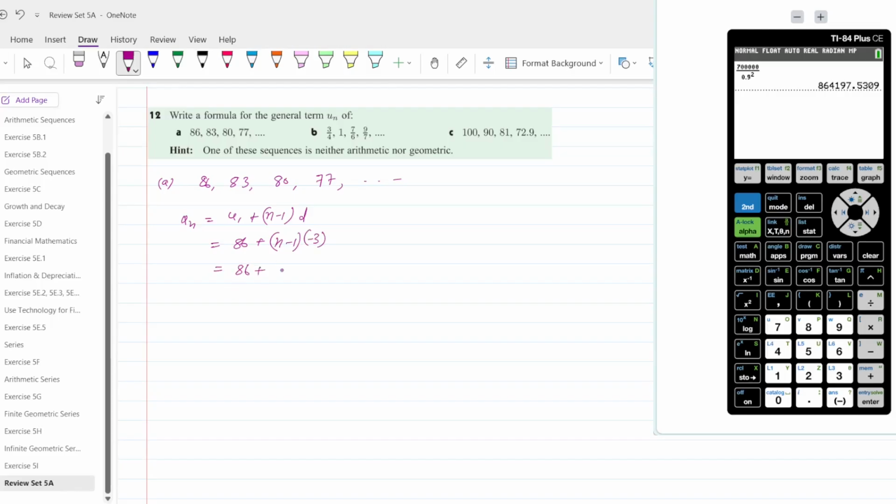So 86 plus negative 3n minus negative 3. So this becomes 86 plus 3, that is 89 minus 3n. That's the answer.